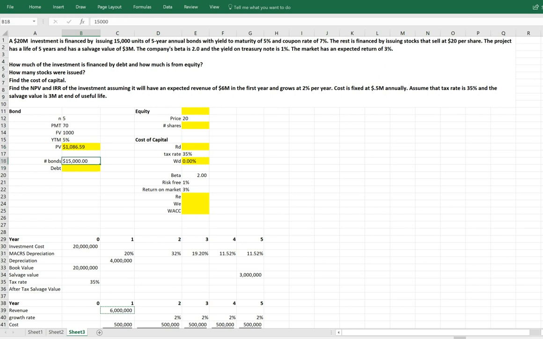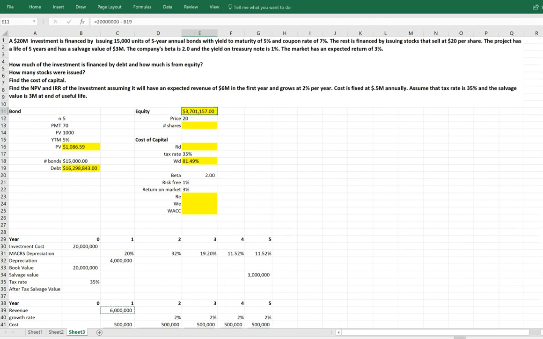Now if the investor issued 15,000 units, then the total debt would be 15,000 times 1,000, so it's 16 million. The total investment is the original 20 million, so the equity is 20 million minus the debt.